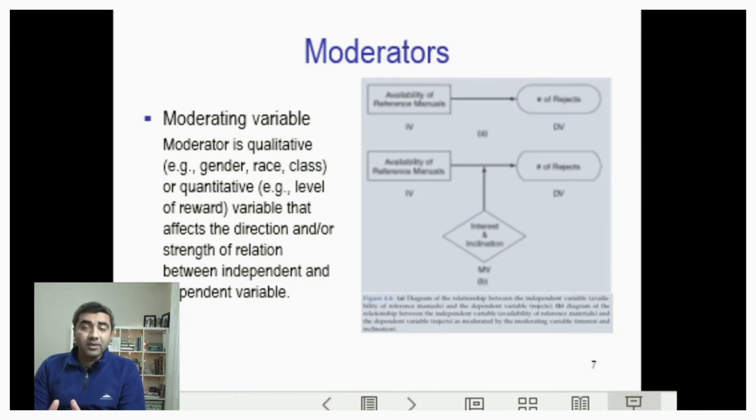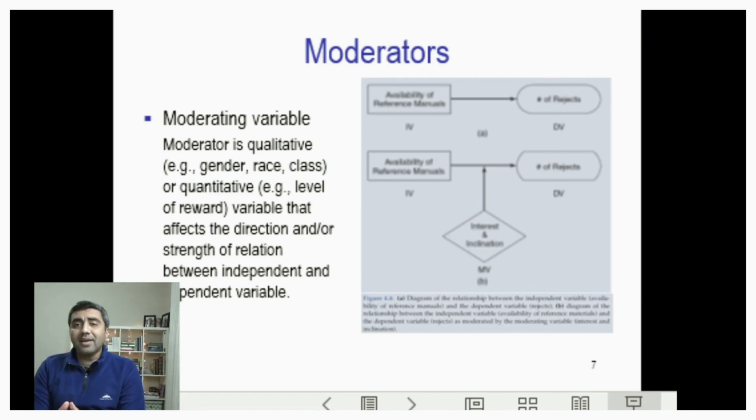The next variable is the moderating variable. The moderating variable is one that has a strong contingent effect on the independent-dependent variable relationship. That is, the presence of a third variable, which is the moderating variable, modifies the original relationship between the independent and the dependent variables.